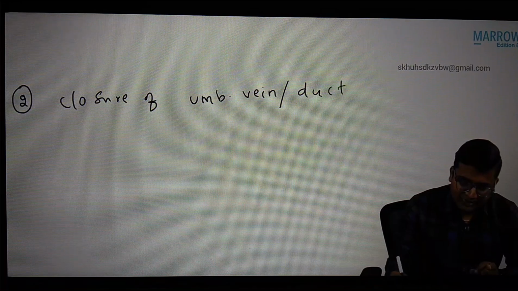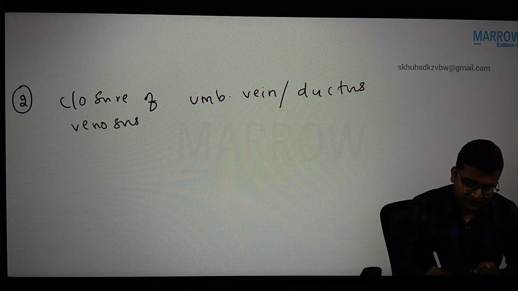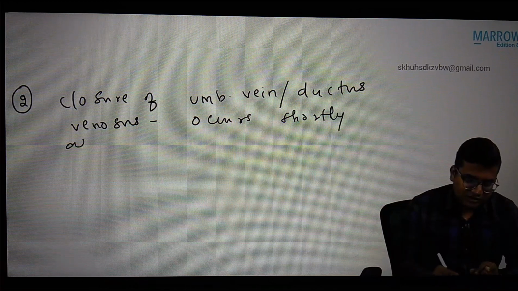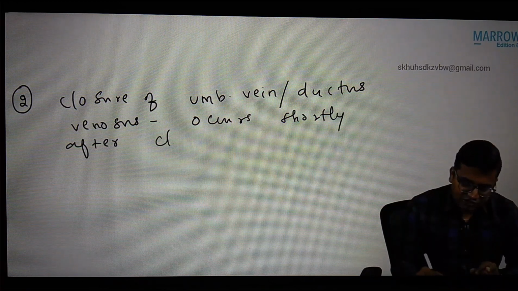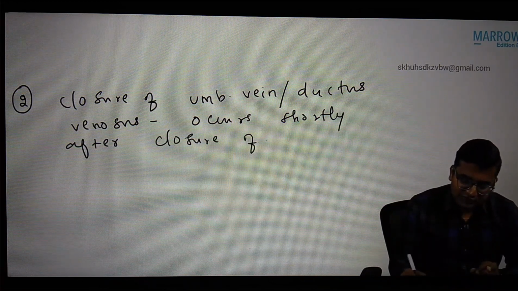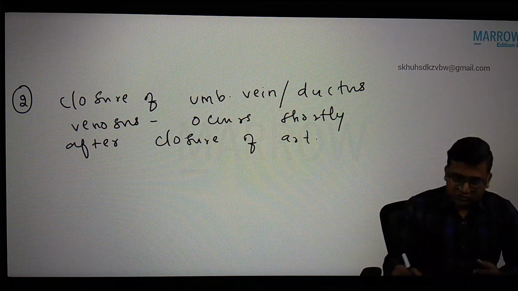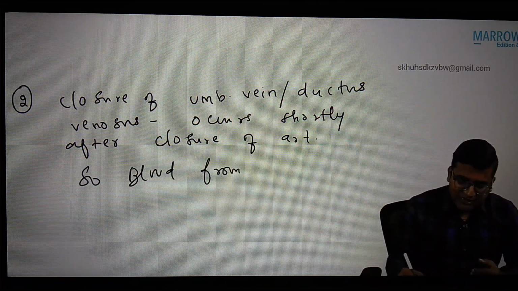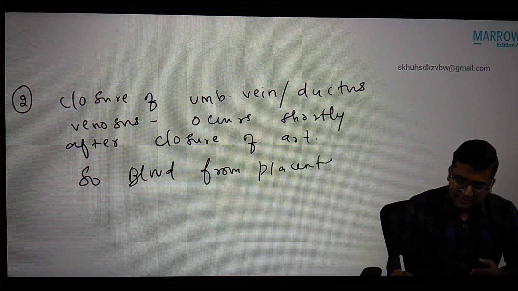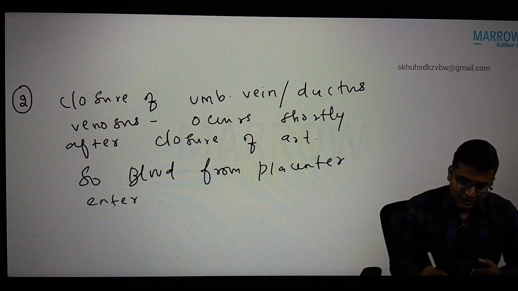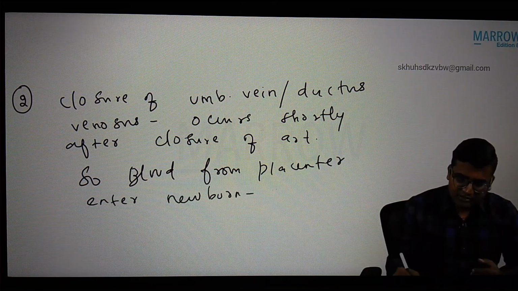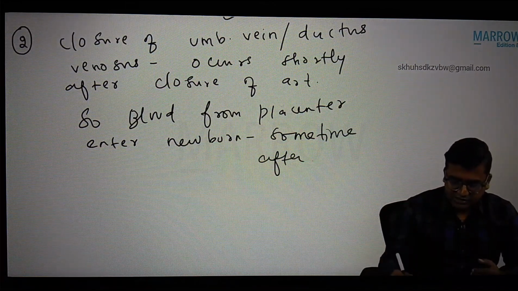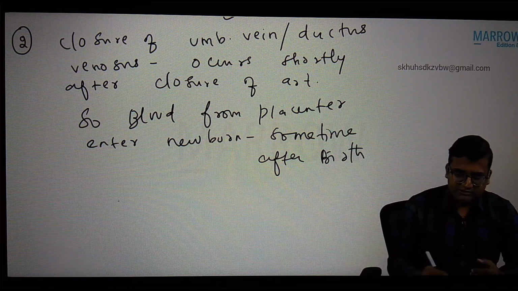Okay? Right. Now, second, closure of the umbilical vein and ductus venosus occurs shortly after the closure of the artery. So, the blood from the placenta enters the newborn for some time after birth.